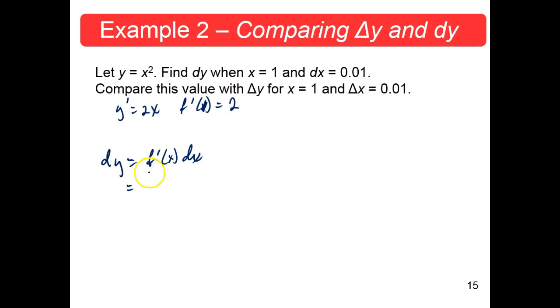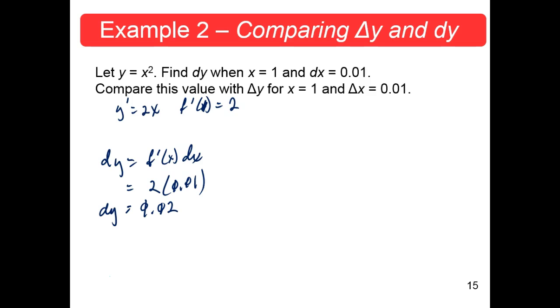So it would be 2 dx. Well, what's your dx? 0.01, right? So your dy would be 0.02.